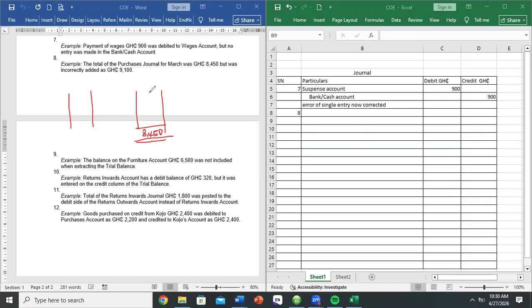So Prof. Zoe, purchases, does it have a debit balance or a credit balance? A debit balance. Thank you. Purchases would always have a debit balance.